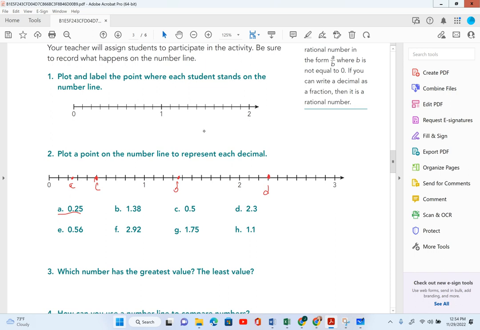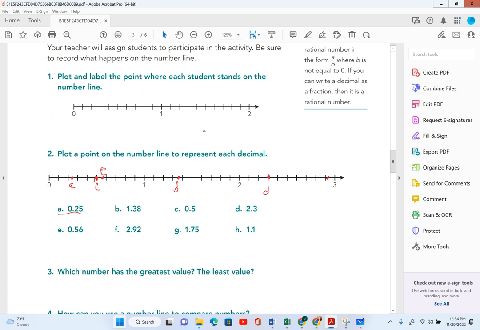0.56. Well, we know the 0.5 is where C was, right? And 0.56 is about halfway, a little bit more, between the two, and we'll call that E. Put that right up here. And F is going to be 2.92. So 2.9 is right here, and just a little bit more around there.